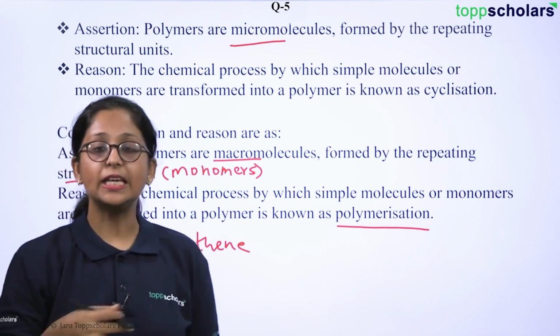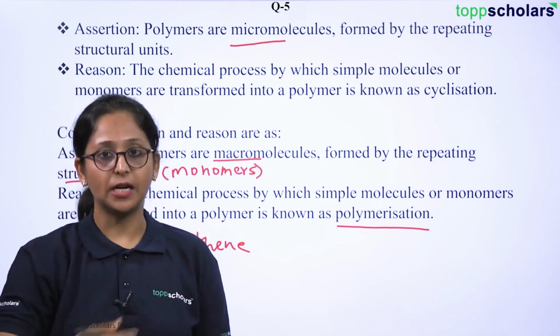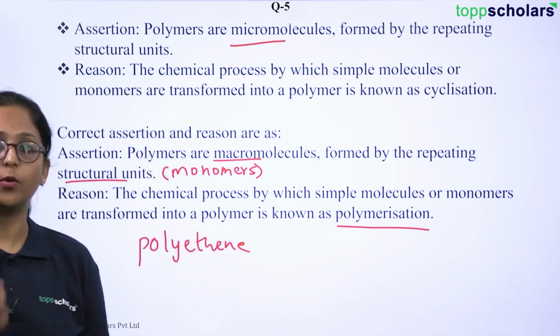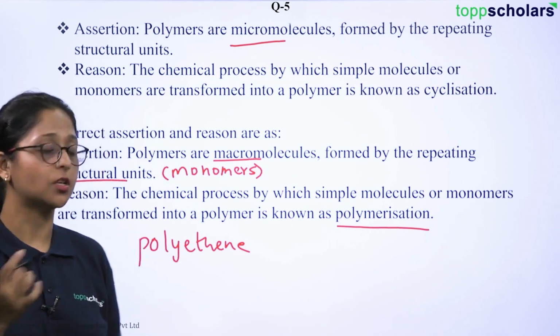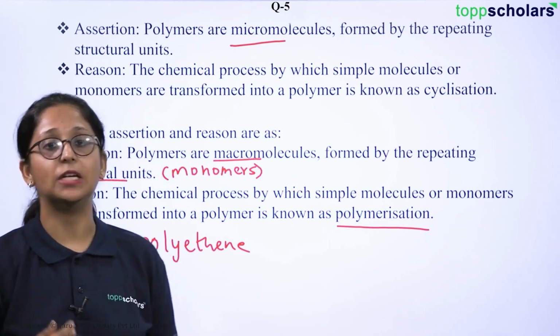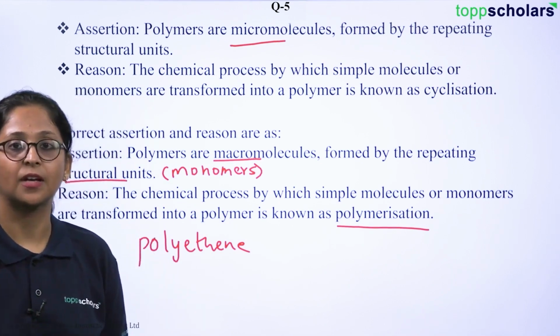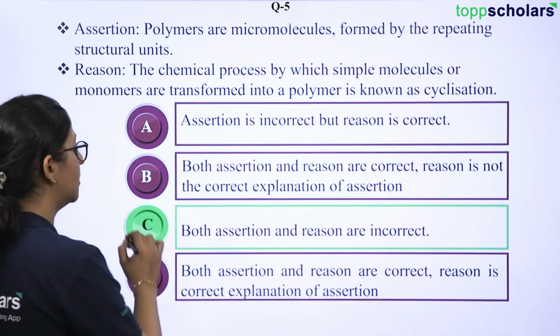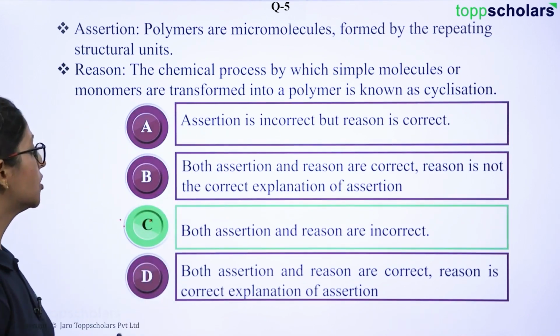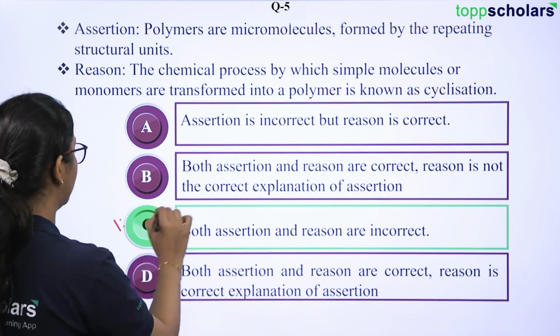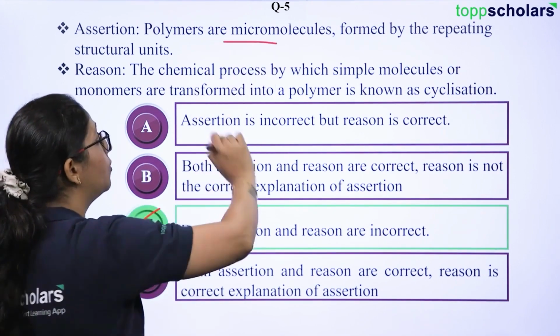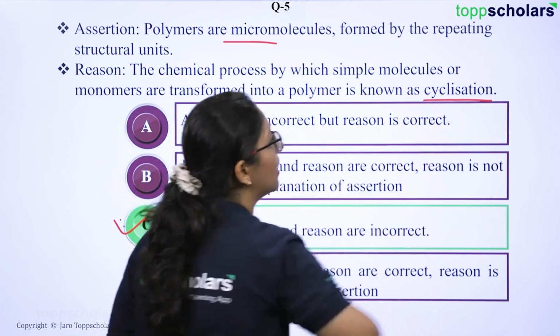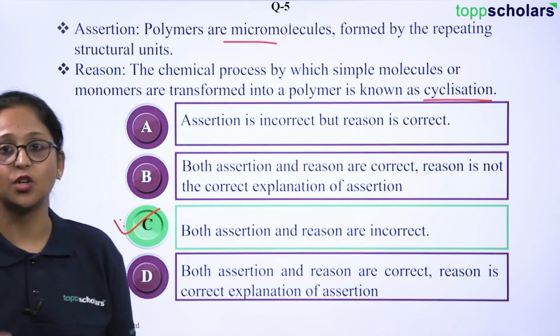So the ethene molecules are added multiple times, so that's the monomer and it is going to form a polymer structure. So that reaction is known as polymerization reaction. Hence, the correct answer here is option C. Both assertion and reason are incorrect because it is not a micromolecule and here it is not a cyclisation process, it's a polymerization reaction.